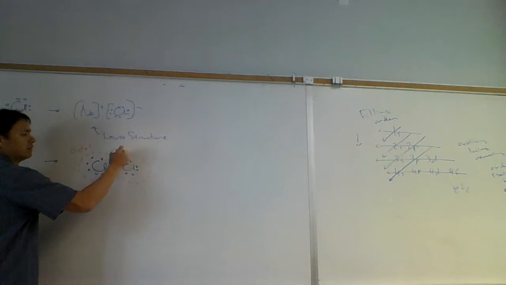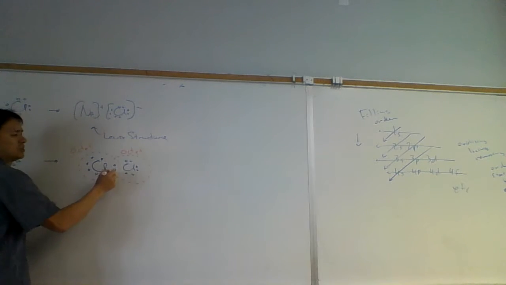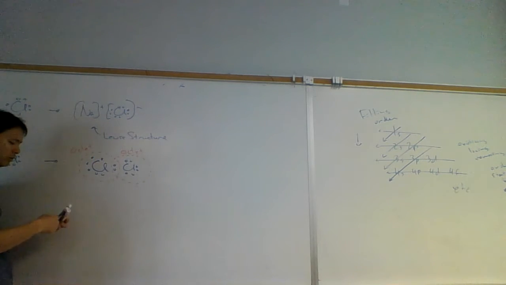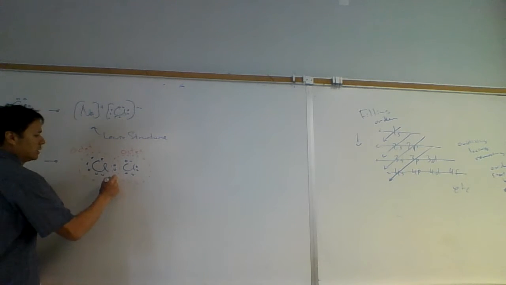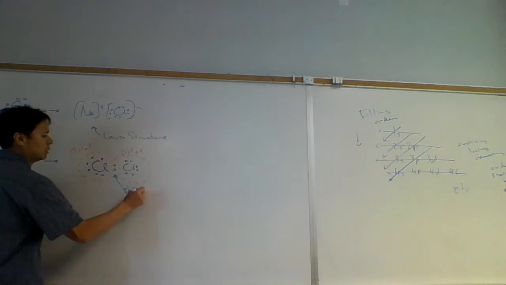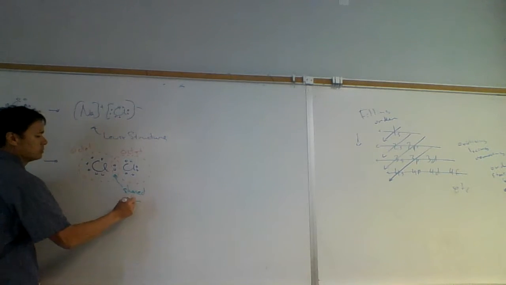Even though these two electrons are shared, the net effect is that each chlorine has filled its octet, its outer shell. And so this will be a shared pair.